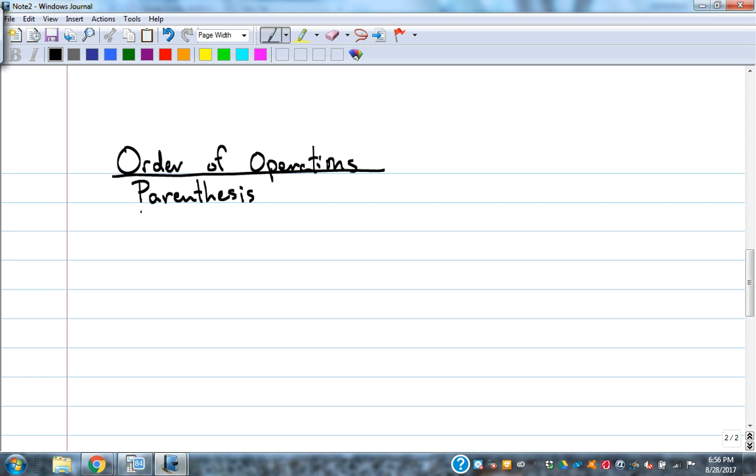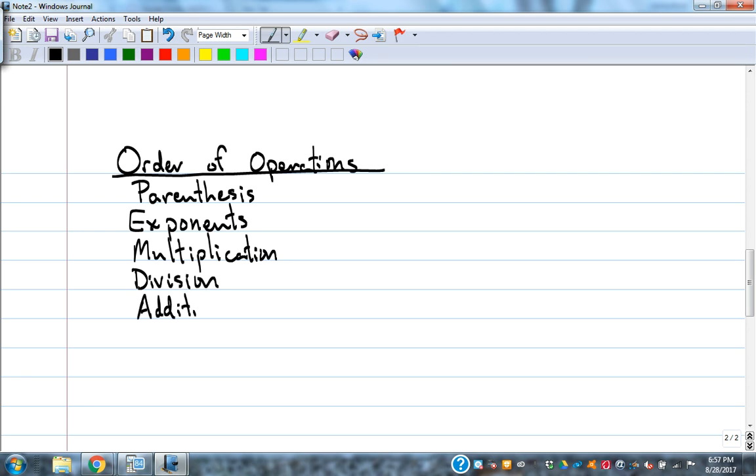Next would be exponents. And then what? Multiplication and division. Last, addition and subtraction.